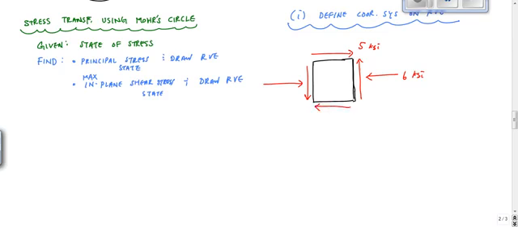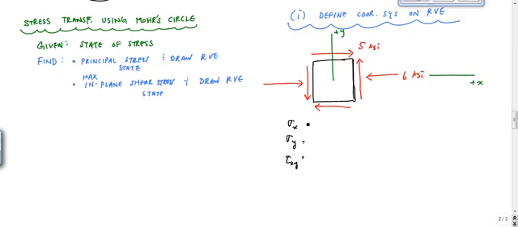We want to define our coordinate system, our x and y, using a right-hand rule, local for this point on the structure. It's typical to choose this as plus x and this as plus y. Once you define that coordinate system, you have established what sigma x, sigma y, and tau xy are.